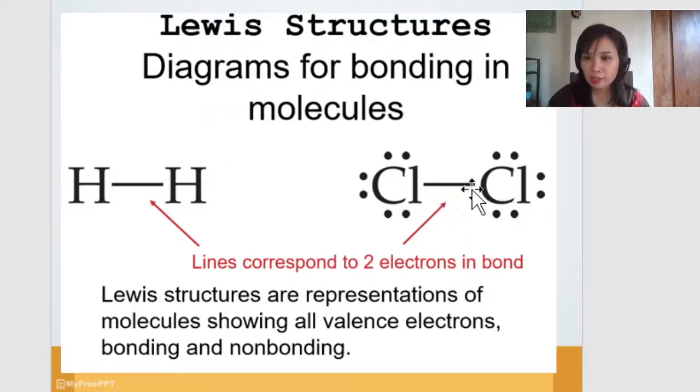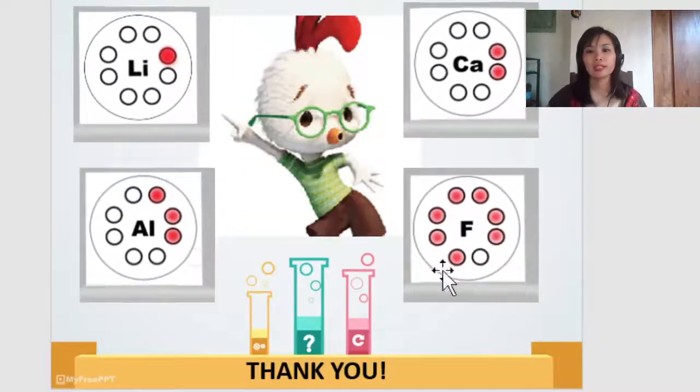So from here, it corresponds to two electrons. Pag isa ka line gani na, pila ka valence electrons ang gina-represent? Duha. Because Lewis structures are also representation of molecules showing all valence electrons bonding and the non-bonding. Okay? So, that's it.